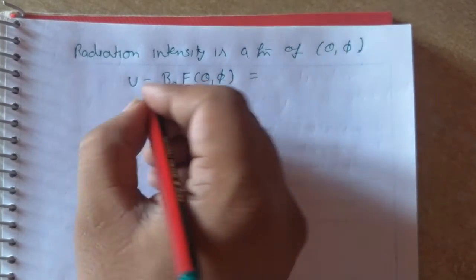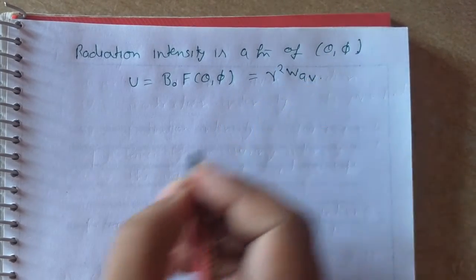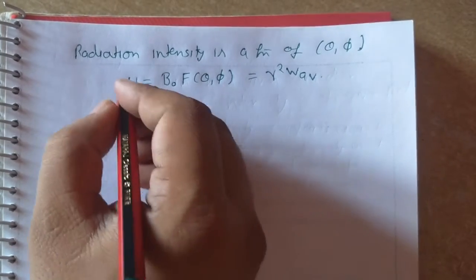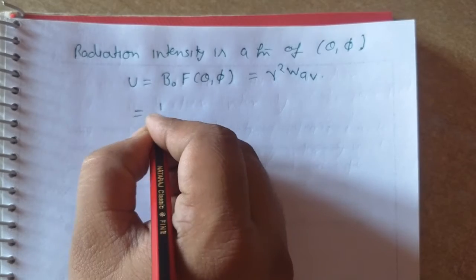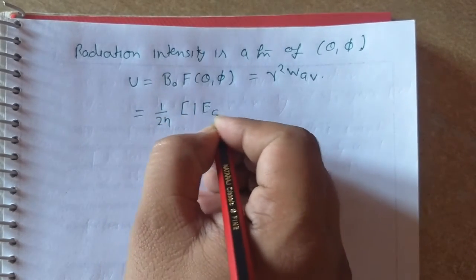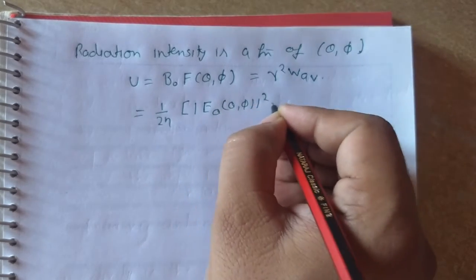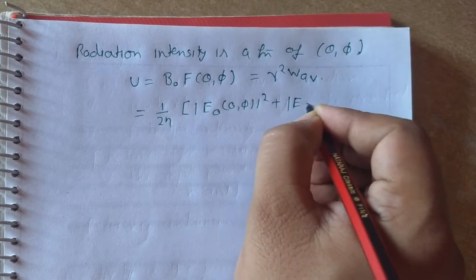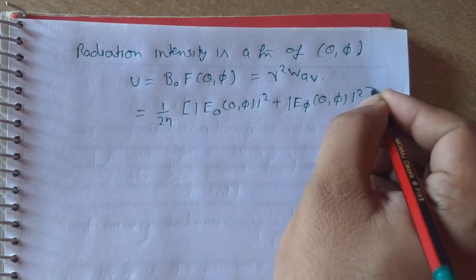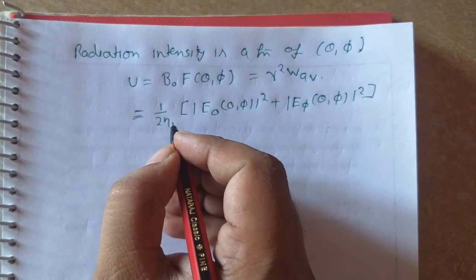And we also know that U is equal to r square W av, and we have calculated the expression of radiation intensity: 1 divided by 2 eta, mod square of E theta(theta, phi) plus mod square of E phi(theta, phi). So this we have proved in the previous lecture.